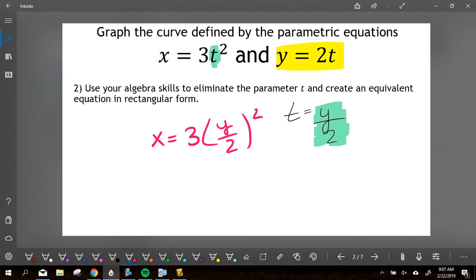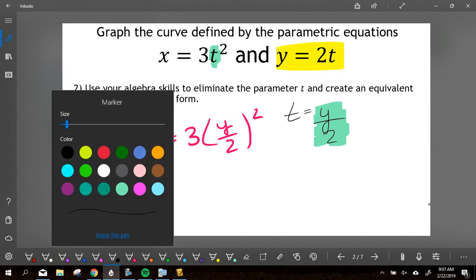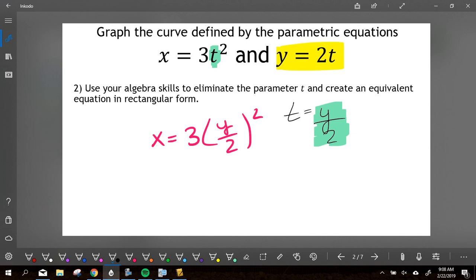That doesn't match what we normally think about, normally when we graph with y by itself. Right now it looks kind of funky. What could I do then to solve for y? Garrett, what could I do next if I want to get y by itself now? Get rid of 3, divide by 3, then what?